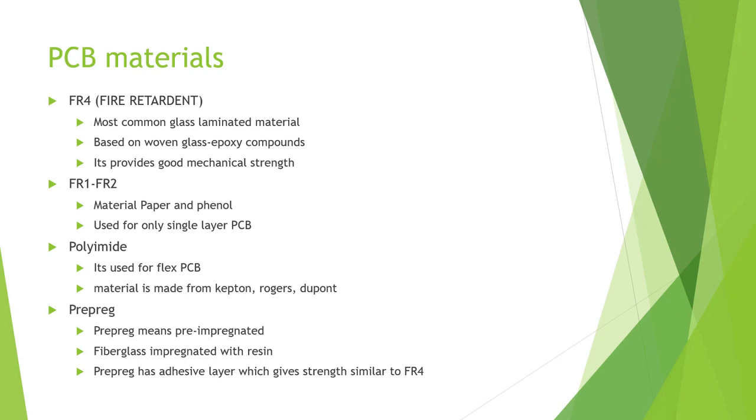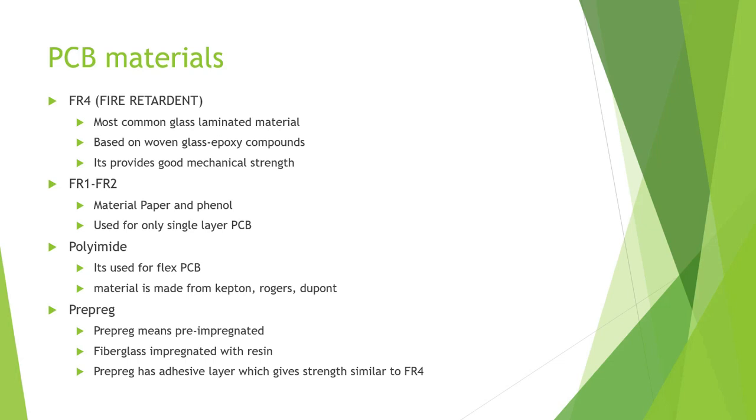The most common glass laminated material is FR4, and it's based on a woven glass epoxy compound. It supports good mechanical strength. FR4 is a highly insulating material, and it has a specific dielectric constant. It's based on woven glass epoxy. Everything is a glass epoxy material.